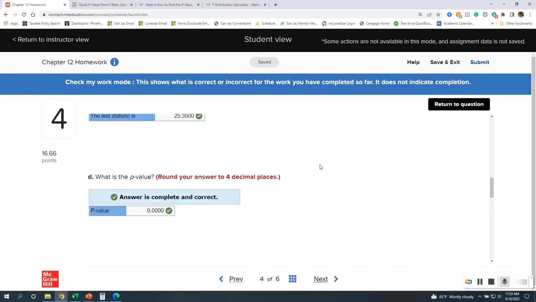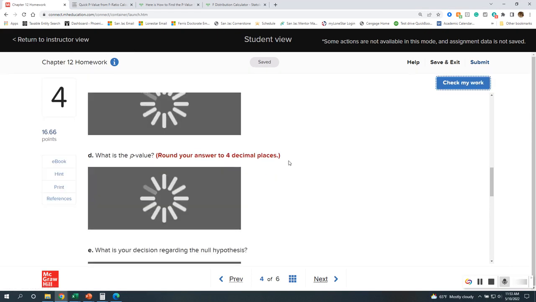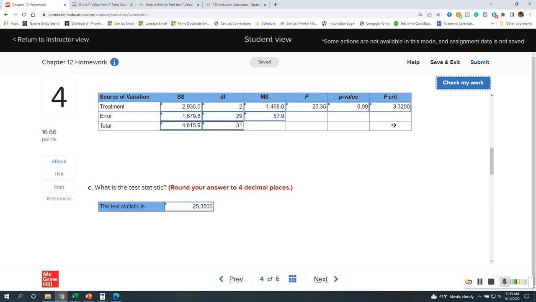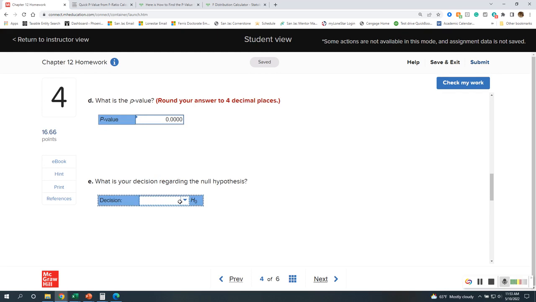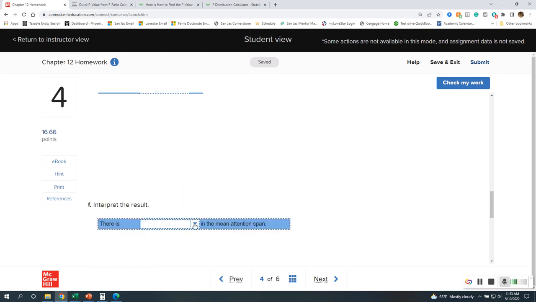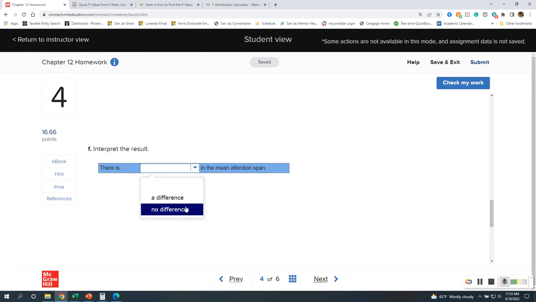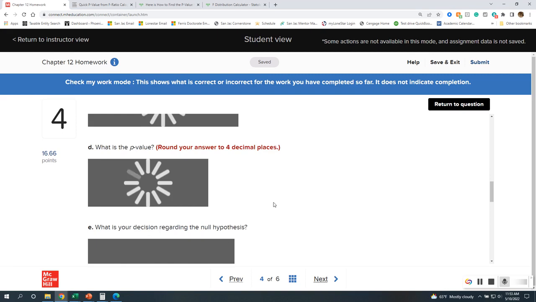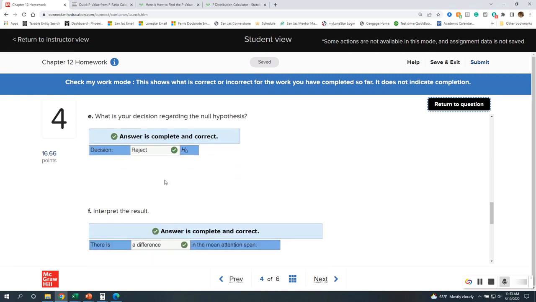Check. There we go. And we're going to the decision of the null hypothesis. It is definitely greater than 3.32. So we are going to reject. And that there is a difference. So check. Yep.